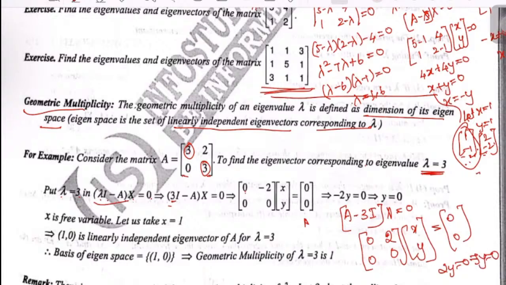Whatever the value of x, the value of y is 0. So let us take x equal to 1. So (1, 0) is the eigenvector corresponding to 3.